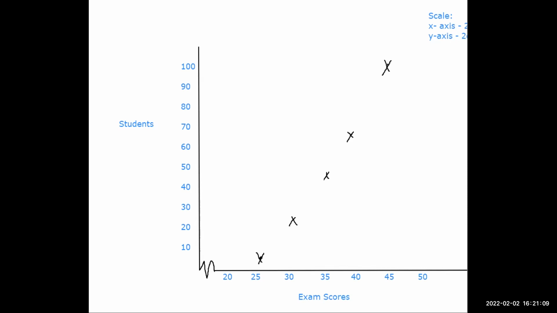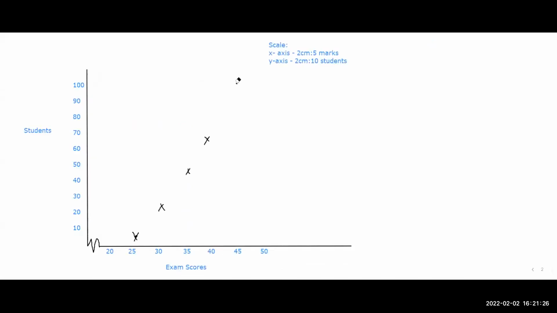Let me add up all of these and see if I get 100. 23, 46, 68, 79. Adding up all the frequency, the total should be 79, right? Yeah.